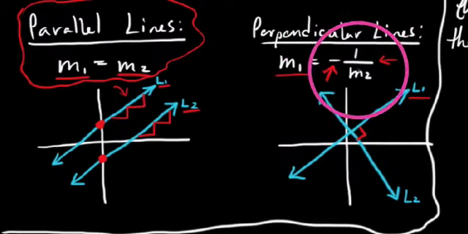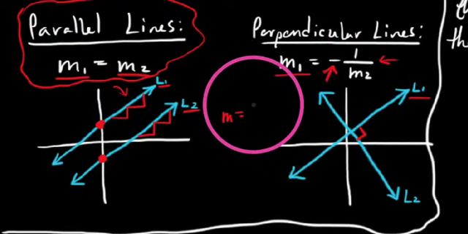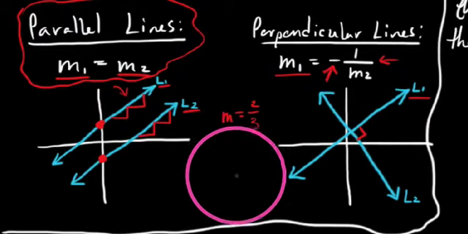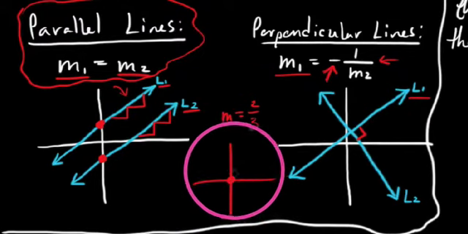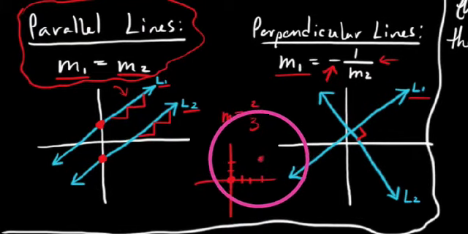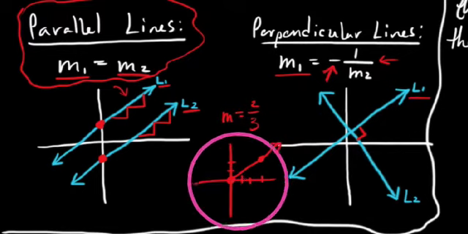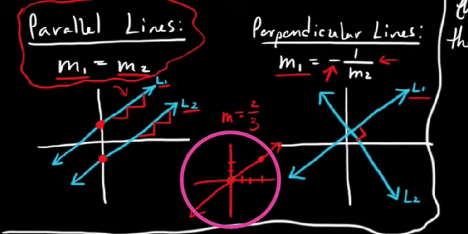The other thing is this. I'll ask people, given a line with a slope of, say, positive 2/3, just for the sake of argument, with a y-intercept of 0, going up 2 and out 3, let's find a line that's perpendicular to this. And they say, oh, well, what about negative 2/3?